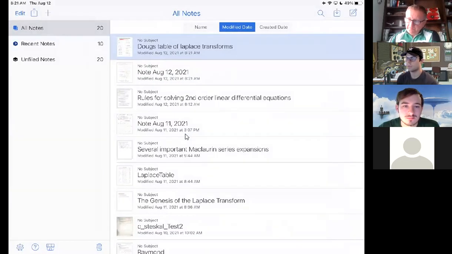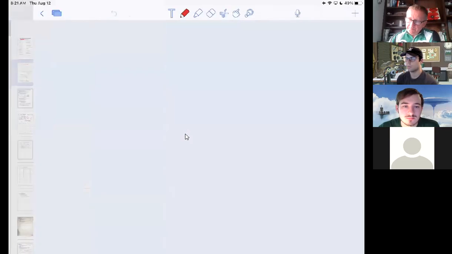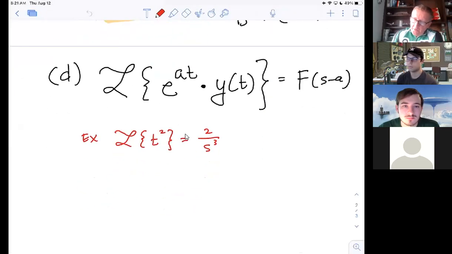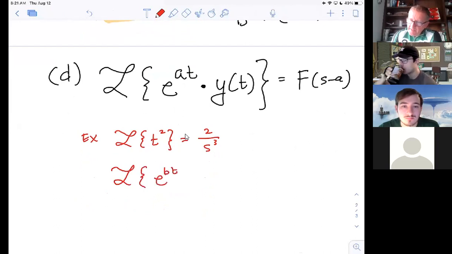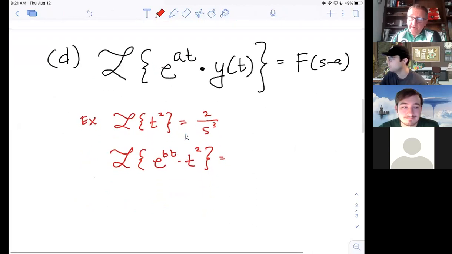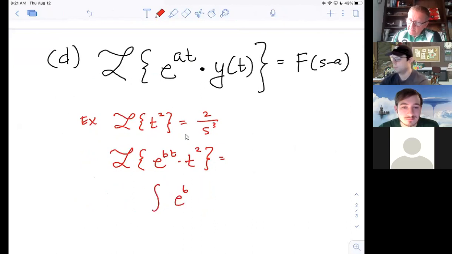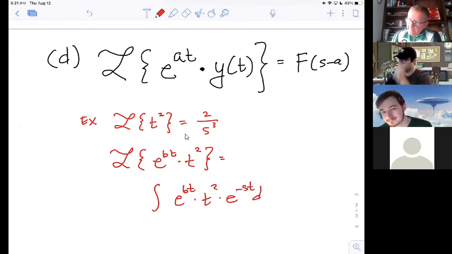And so you know that. So what if I asked you, what's the Laplace transform of e to the 6t times t squared? Now you should agree that were I to have to do this traditionally, it would be like, oh no, the integral of e to the 6t times t squared times e to the negative st. And so I've got to do that integral, right?